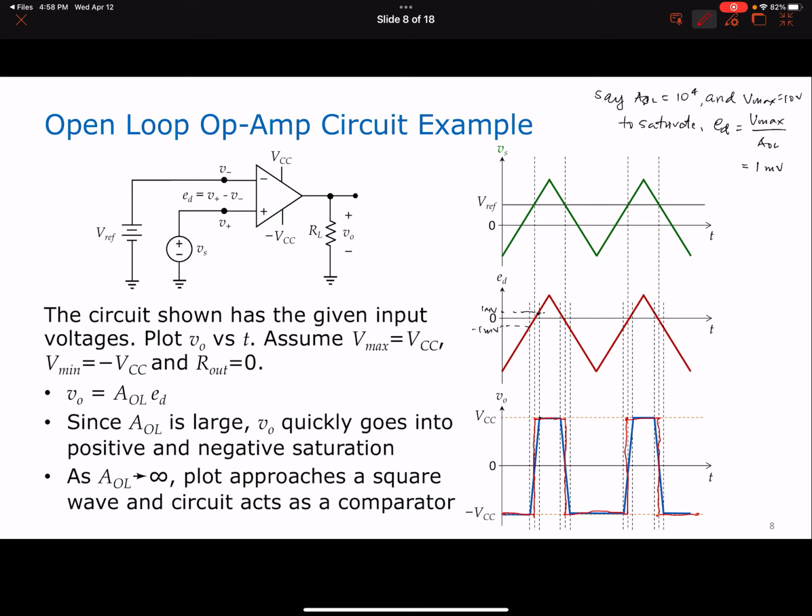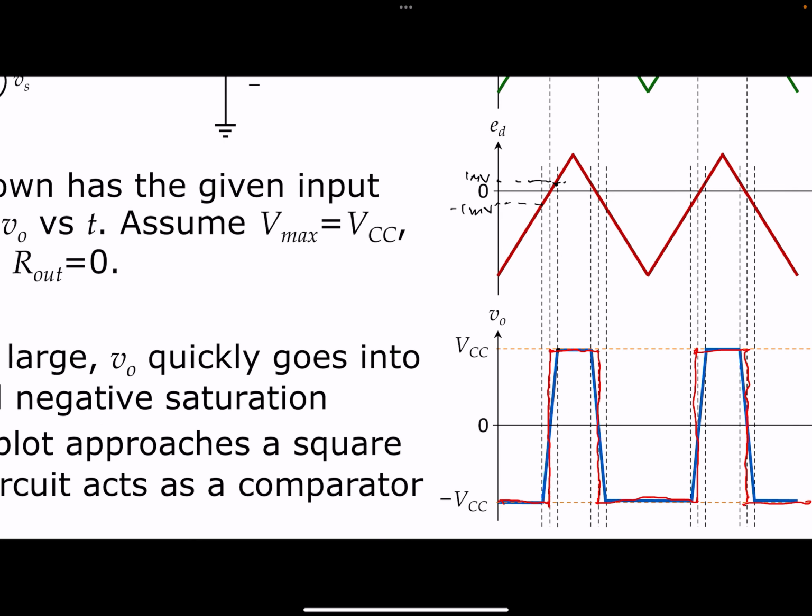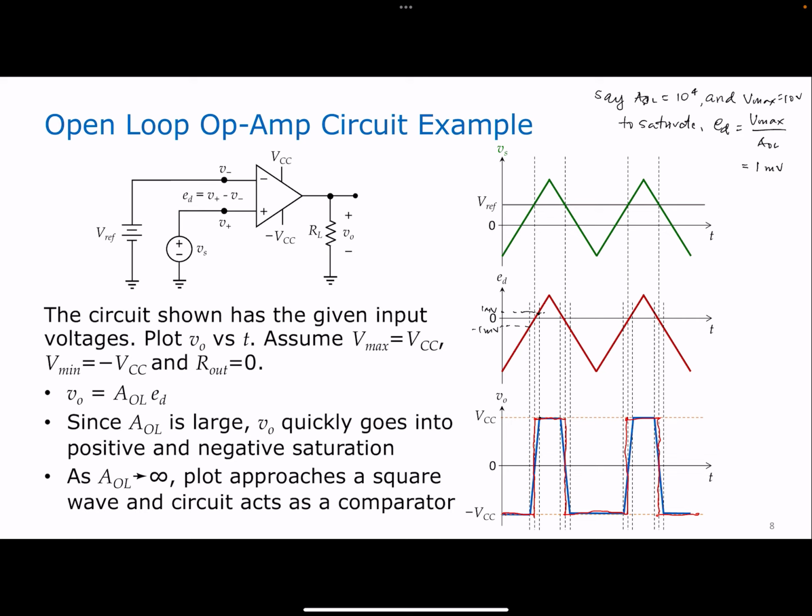And this is actually the circuit of a comparator, where Vref is our reference voltage. So what is the comparator function? When the input, which is applied here at the non-inverting input, is greater than Vref, our output is VCC. On the other hand, when the input is less than Vref, our output is minus VCC. So that is the function of the comparator.